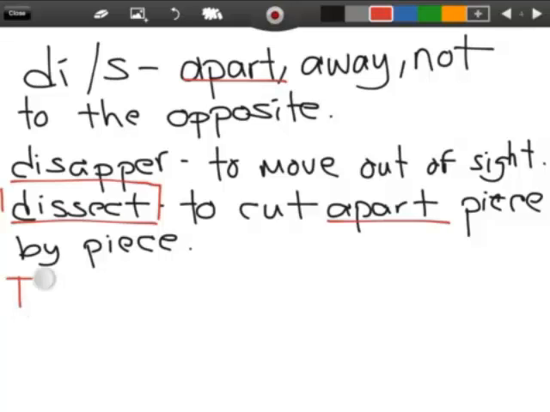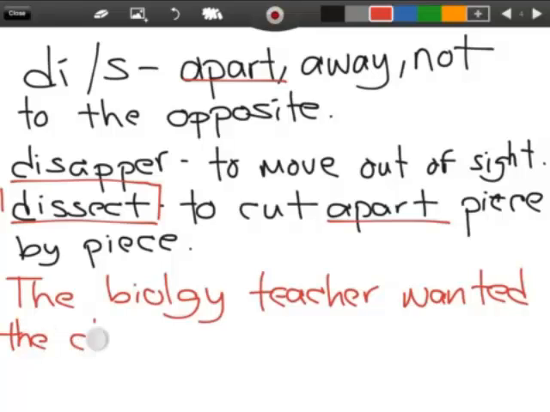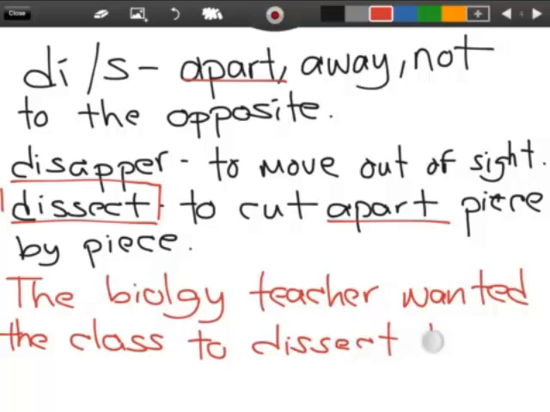I'm going to say, the biology teacher wanted the class to dissect the frog.